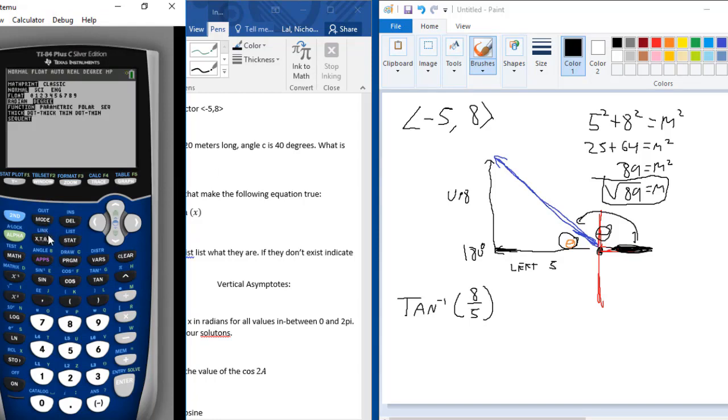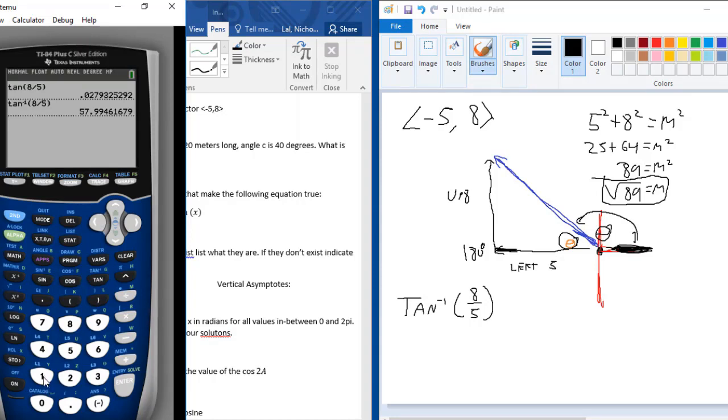But I can just subtract this value from 180. Oh, and sorry, I didn't hit the second button. So I find the inverse tangent of 8/5. So sorry, make sure you hit second, and that's 57.999 degrees.